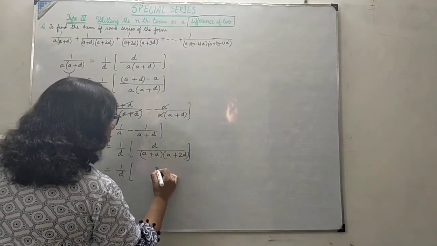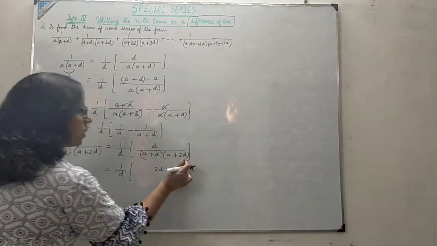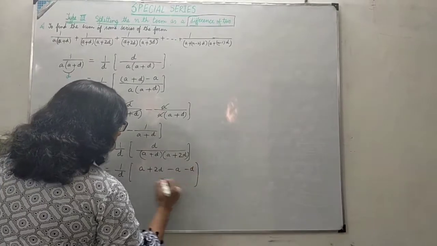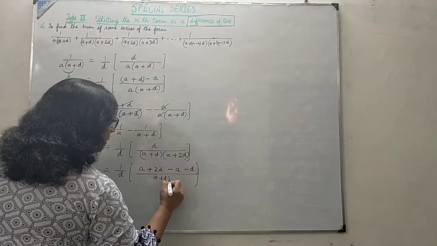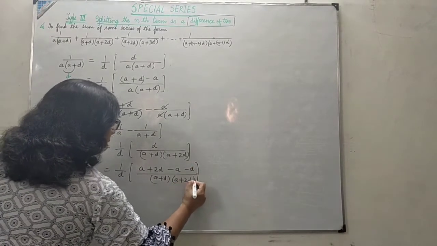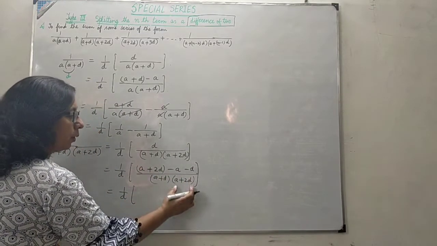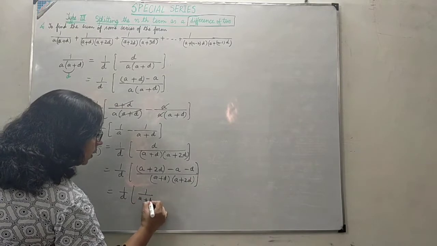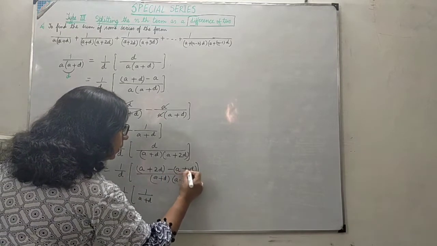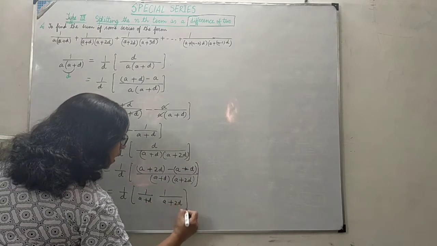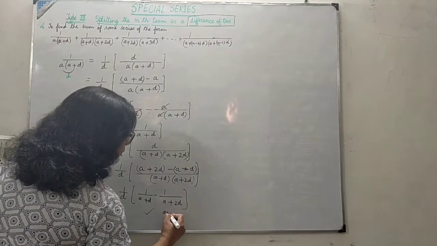This d I will write as 2d minus d, because there are d and 2d terms, then a add and subtract. So this further becomes 1 by d into 1 by a plus d minus 1 by a plus 2d, as this cancels out, and so on it will go.